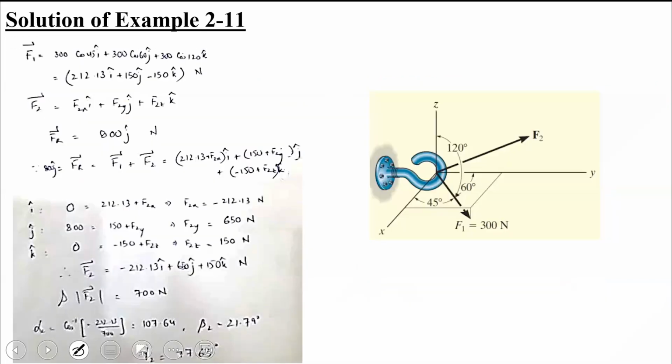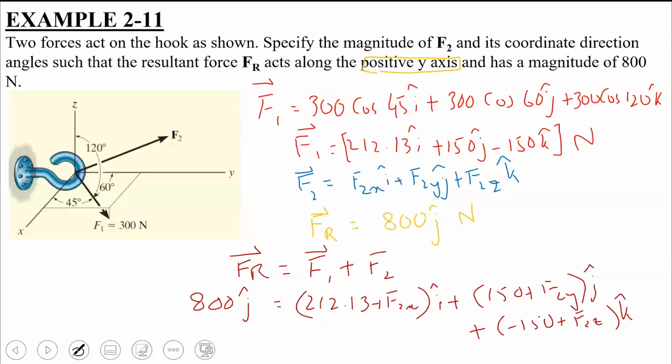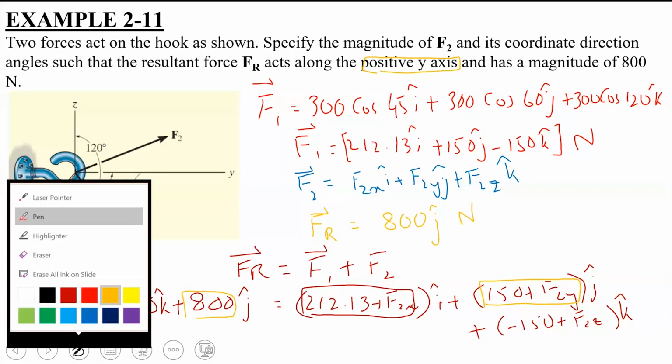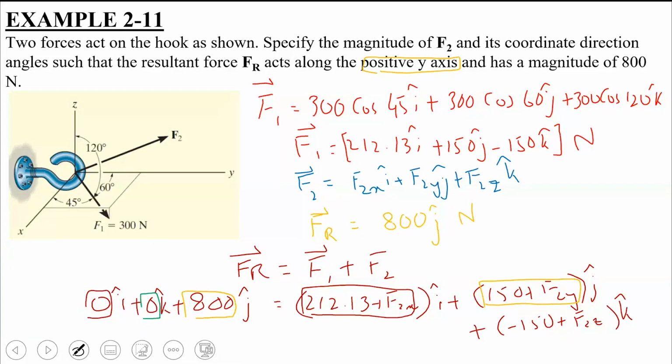Once you compare the i coefficient, since on the left hand side the i coefficient is 0, basically 0i plus 0k plus 800j, we can write that 0 should be equal to 212.13 plus F2x. Similarly, once we compare the j coefficients, 800 should be equal to 150 plus F2y. And once we compare the k coefficient, 0 should be equal to minus 150 plus F2z.